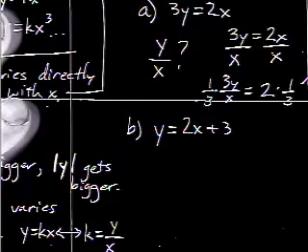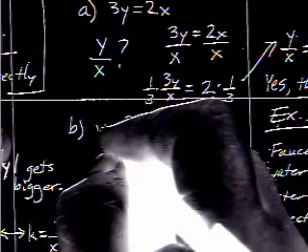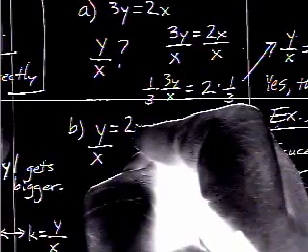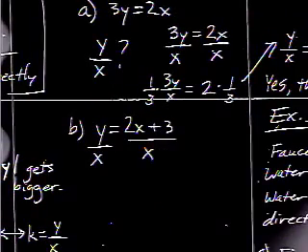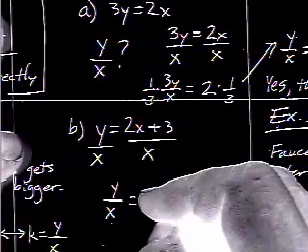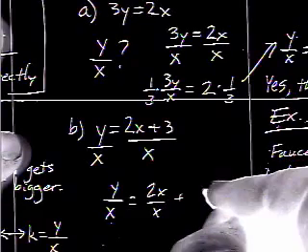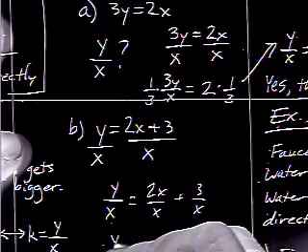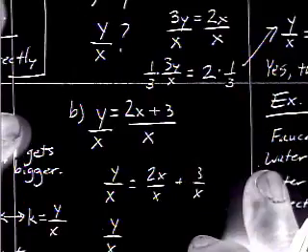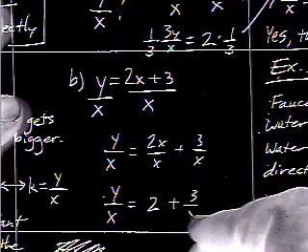Now, when you get to this next one, we want y divided by x. So that's y over x on the left side. 2x over x plus 3 over x is y over x equals 2 plus 3 over x.